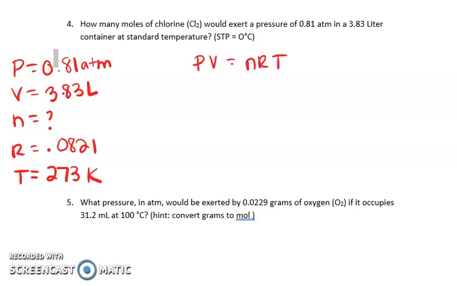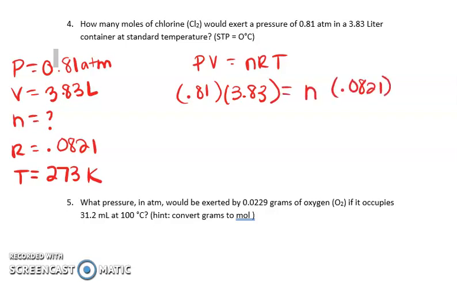I get 0.81 times 3.83 equals N times R times T. I can divide these to the side, just like I did in number 3, and I'm going to get an N that's equal to 0.1384, which I'm going to round off to 0.14.